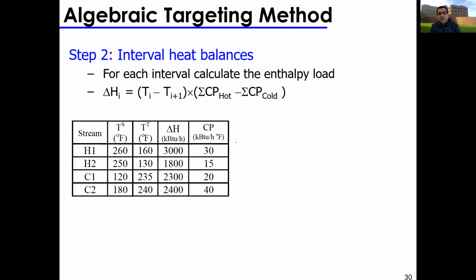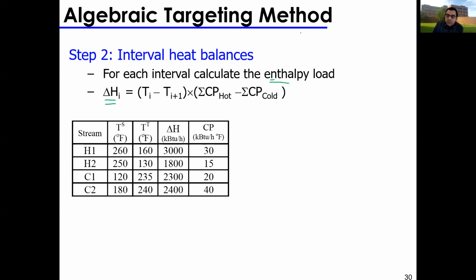I need to build my interval heat balances. Okay. And what this means is I'm gonna calculate the enthalpy for each temperature interval. Okay, so for each temperature interval, I'm gonna calculate the enthalpy load.